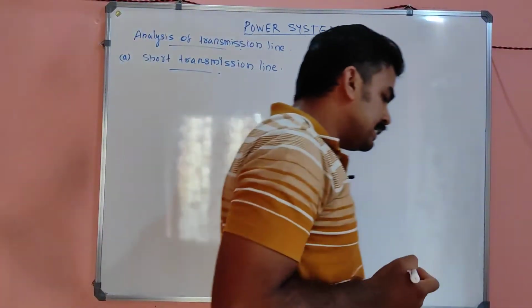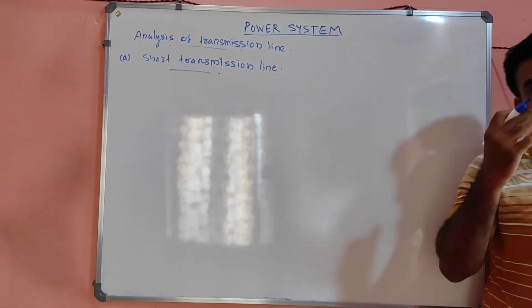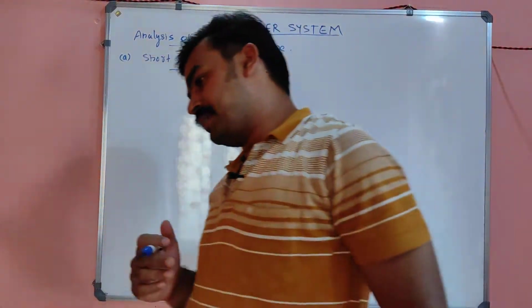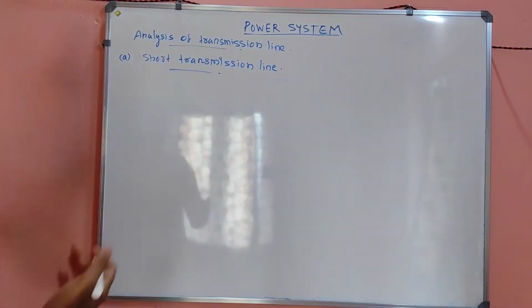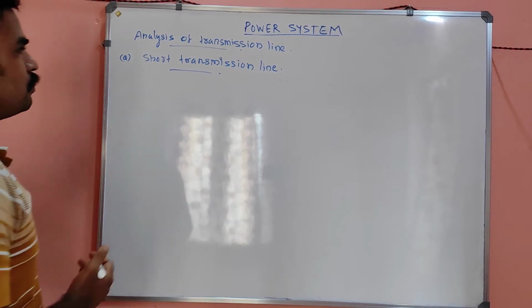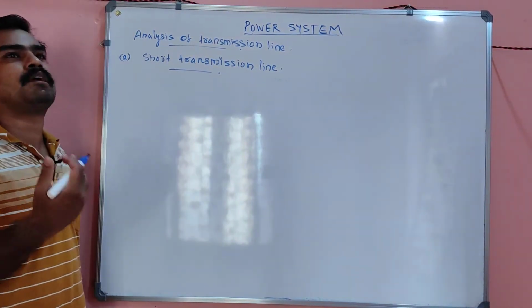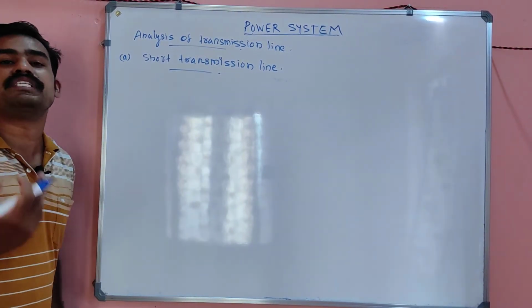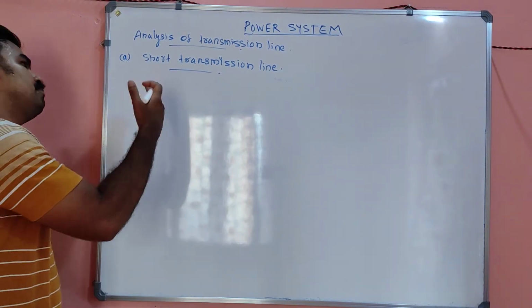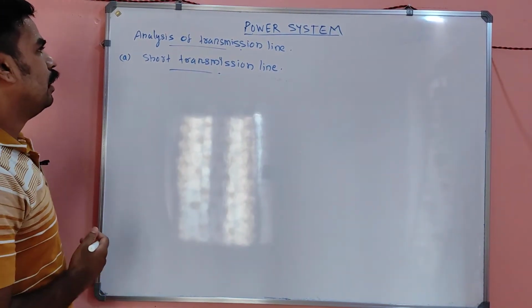Normally the analysis is done with the help of ABCD parameters, my dear. You can use many methods, but the simplest, least calculation method is ABCD parameters. So by using ABCD parameters we are doing the analysis.